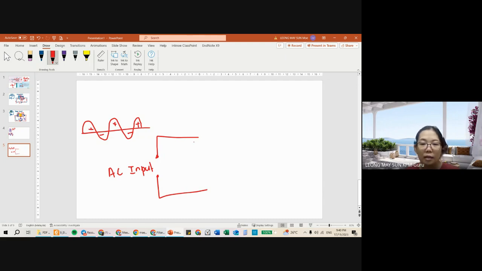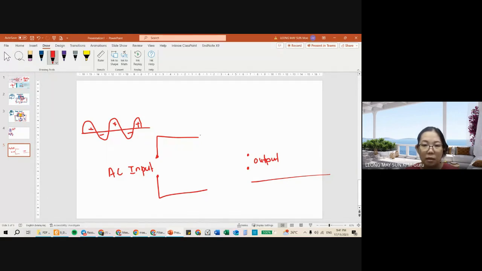And then this is the output. Output can be our electrical appliances. It can be a cathode ray oscilloscope. It depends. Usually I would consider it as a cathode ray oscilloscope, easier for us to learn.